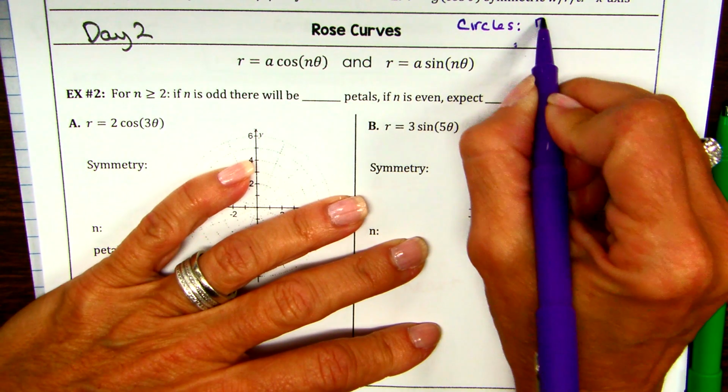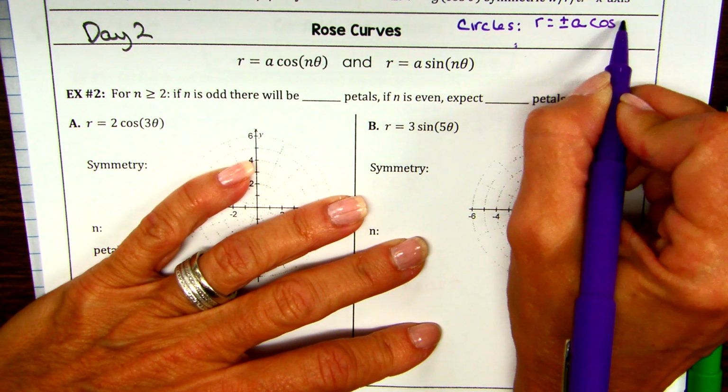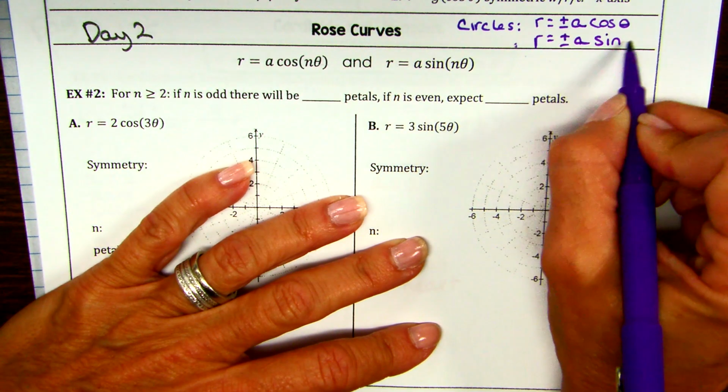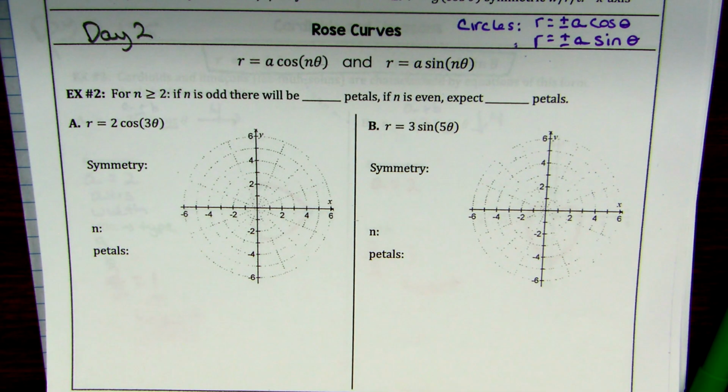Circles are always R equals either a positive or a negative A cosine theta, or a plus or minus A sine theta. They're the most basic graph. There's one number, a sine or a cosine, and a theta. And when we see those, we know it's a circle. If you see the plus or a minus, it's going to be the heart, limacon, or dimple.